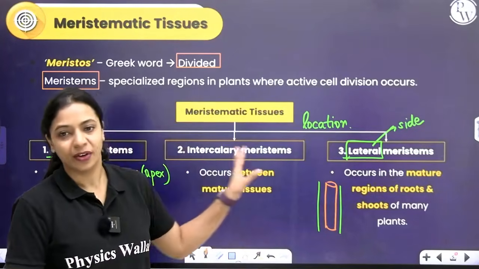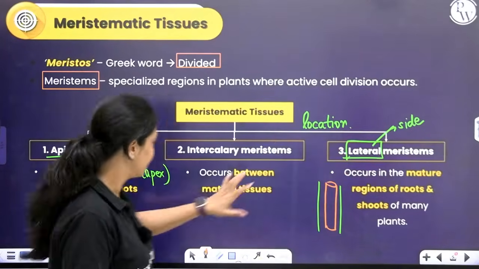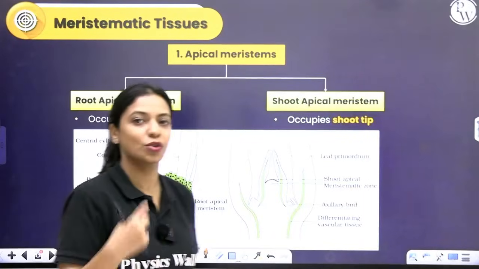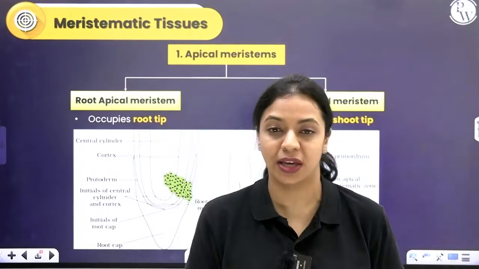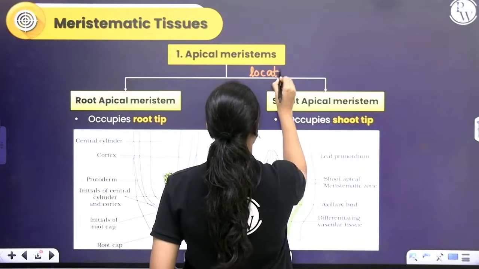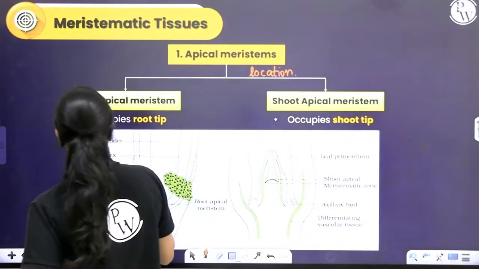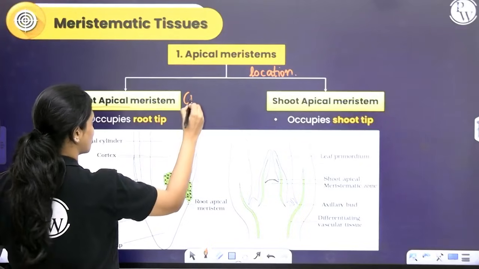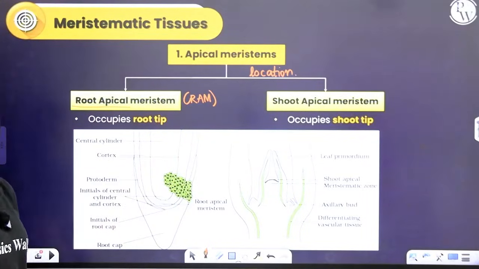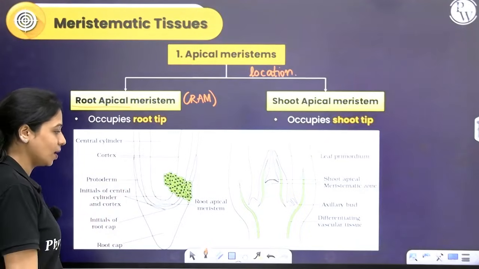Okay, more about each of these we learn in detail, starting with apical meristems. Apical meristem is of two types depending upon its location again. If it is present at the tip of the root, we call it root apical meristem. In short, it's represented as RAM. We've already learnt about it. This is an NCERT diagram.